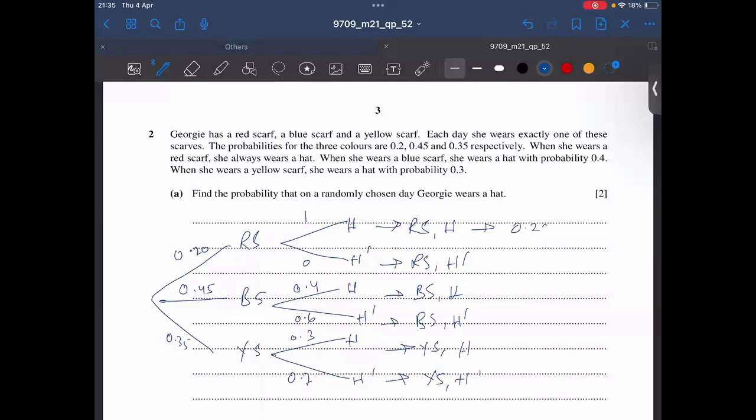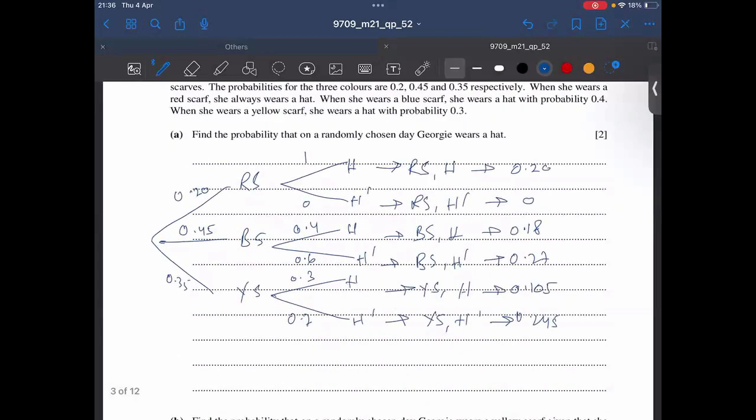It's 0.20. This is 0.45 into 0.4, 0.18. 0.45 into 0.6, it's 0.27. And this is 0.35 into 0.3. This is going to be 0.105. And this is 0.35 into 0.7. This is 0.245. And the sum of all these probabilities should be equal to 1, and it should come out to be equal to 1.